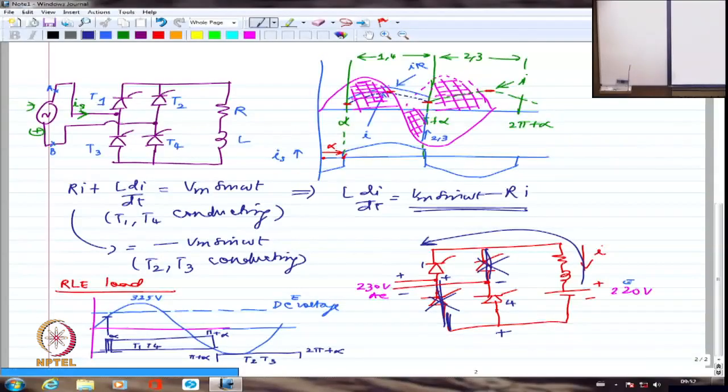So thyristor circuits, as a rule, are never given one single pulse of a very short duration. Never ever. If I have an AC supply being supplied to a thyristor circuit, I necessarily need to give a long duration pulse.